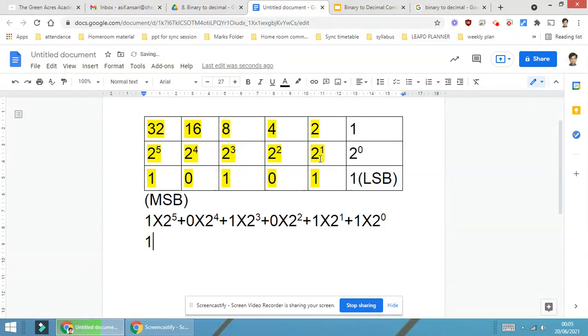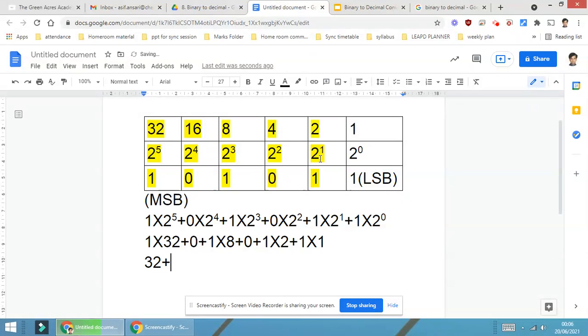Now what is 1 into 2 to the power of 5? 2 to the power of 5 is 32, plus 0 into anything will be 0, plus 1 into 2 to the power of 3, it is 8, plus 0 into anything will be 0, plus 1 into 2, so it will be 1 into 2, plus 1 into 1.